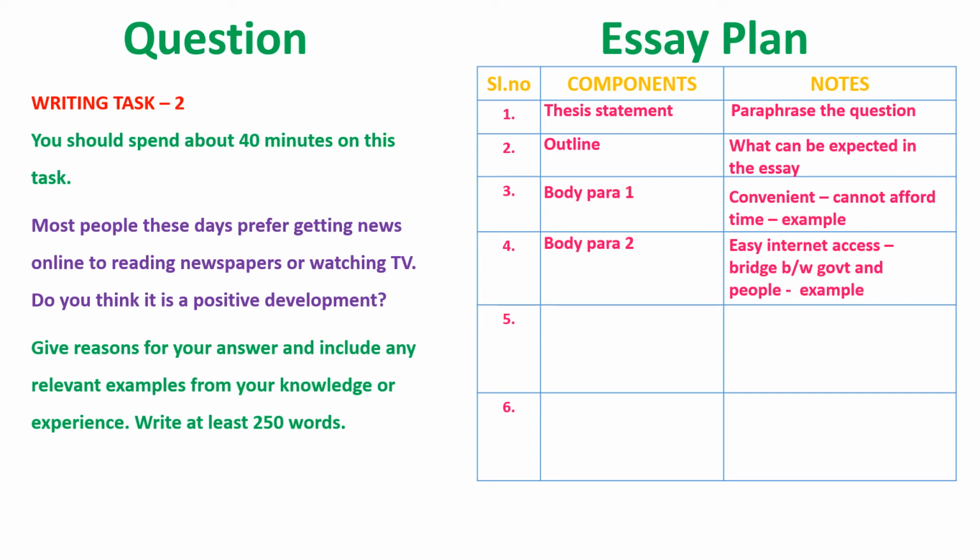And I'm going to support these points with an example: there is a direct connection between the people and the government easily. Now we have written two paragraphs exposing the positive aspects, and in the next body paragraph, body paragraph 3, we will be discussing the negative aspects.